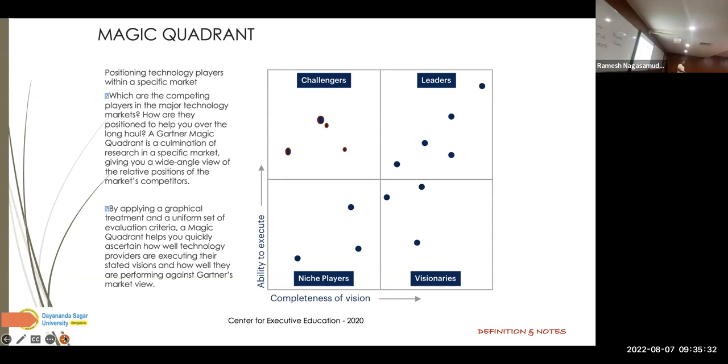So where do you think Big Basket is? What is a niche player? A niche player is somebody who is in a very limited market. So we'll do Big Basket versus Amazon.